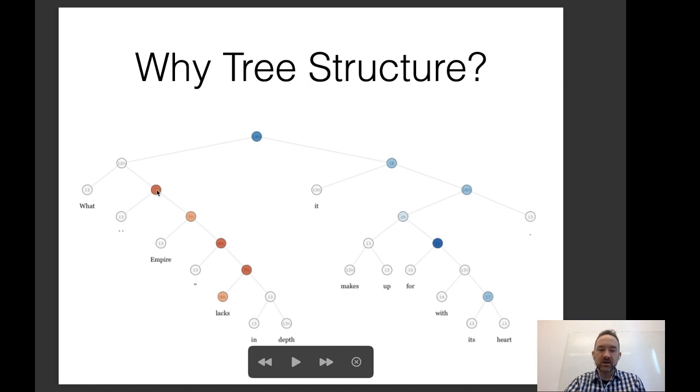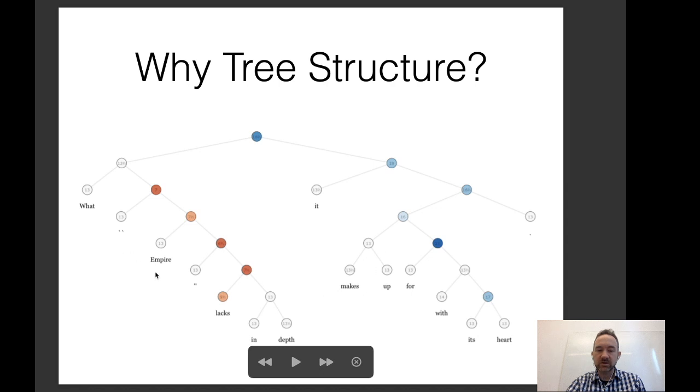So you can see that we could almost even come up with rules, such as "what blank, it makes up for in blank." So we have a generalizable pattern of how you say something negative first, but then follow up with something positive, or say something positive first, but then make up for something negative.